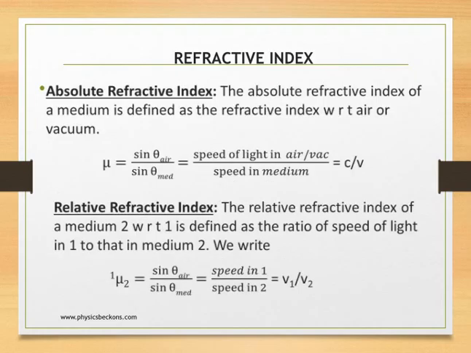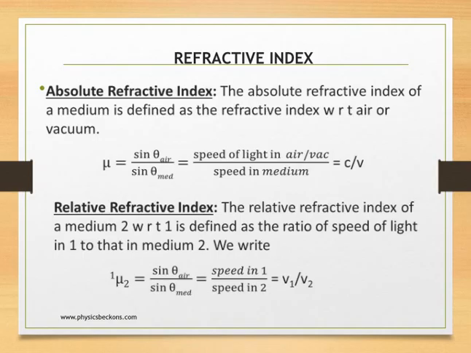So far as the definition of refractive index is concerned, there are two definitions which we normally use. One is the absolute refractive index of a medium. It is always measured with respect to vacuum or maybe air, because there is not much difference in the two values. The two values very closely agree.